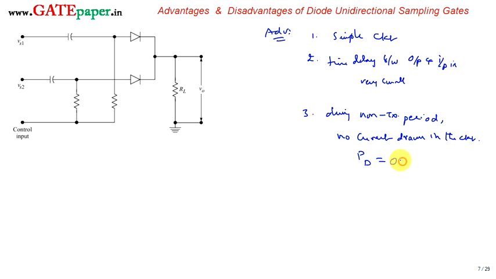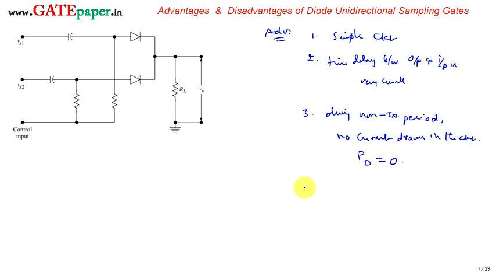Power dissipation is zero during the non-transmission period. That is under quiescent conditions, whenever the input signal is not applied, as well as during the non-transmission period, the diodes are under reverse bias or almost at the verge of forward bias, but no current flows, so the power dissipation in the circuit is zero.